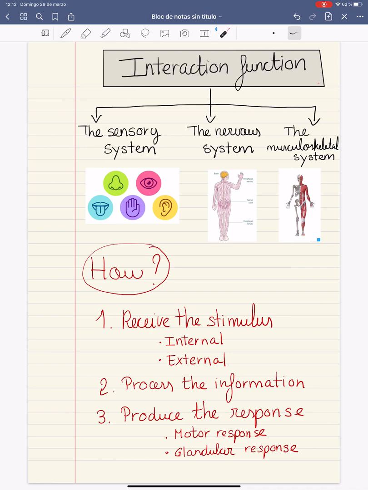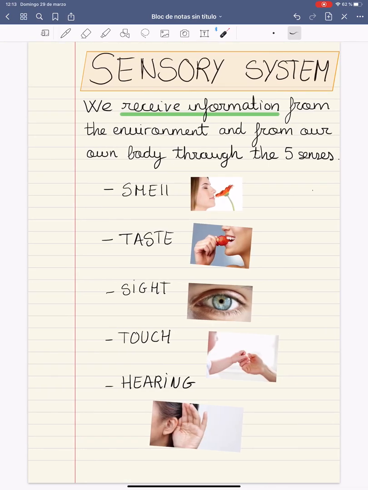For example, imagine you run for an hour. What will be your response? You will start to sweat. So that substance that you produce is a response to the exercise that you have done, and it is a glandular response. Now we're going to focus on the three main systems and analyze them in a deeper way. Let's start with the sensory system. It's the one that receives information, and it can do it either from the environment or from our own body.